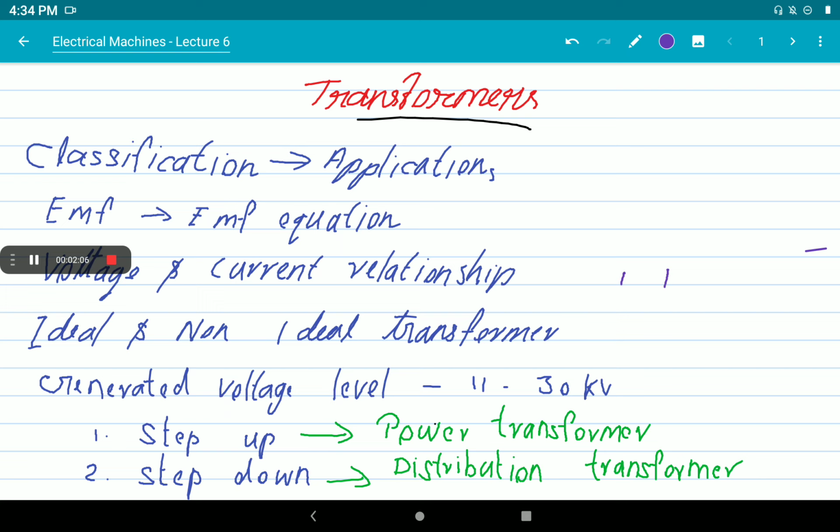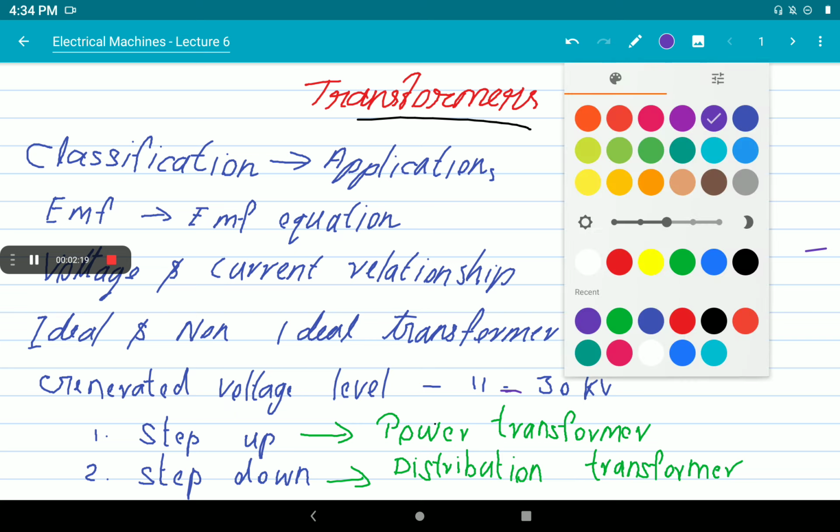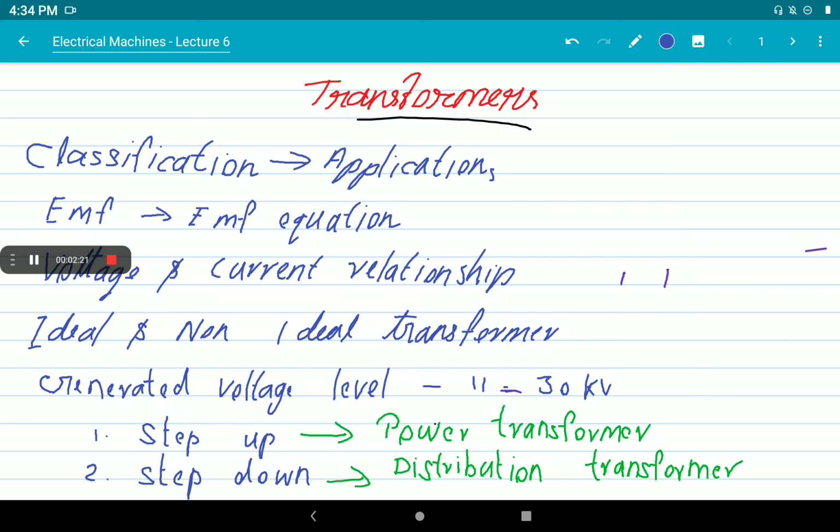Usually we know that the generated voltage level in a generating station is 11 to 30 kV. But for transmitting that voltage to our domestic or industrial purposes, we need to increase the voltage level to reduce the high current.